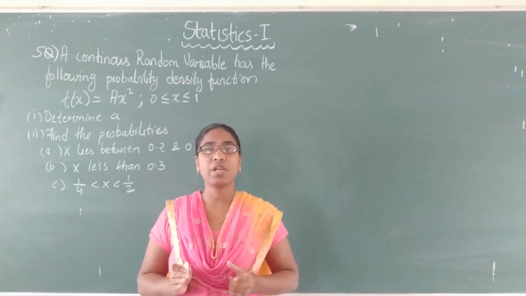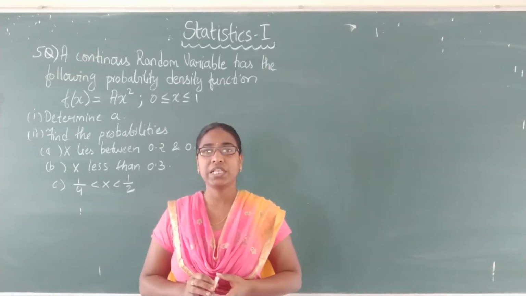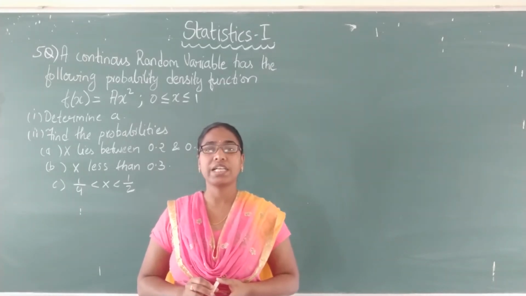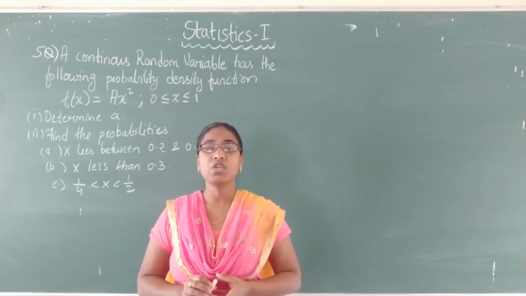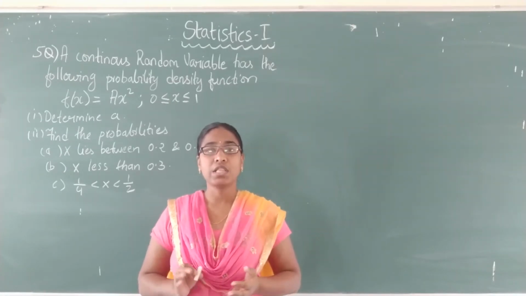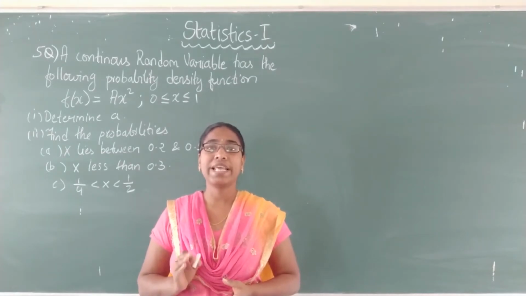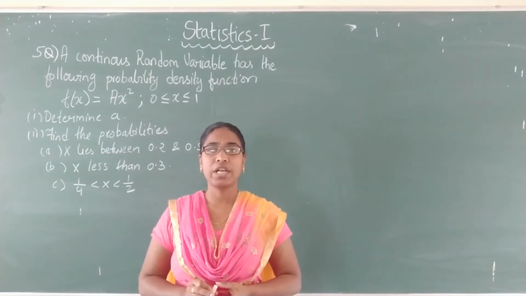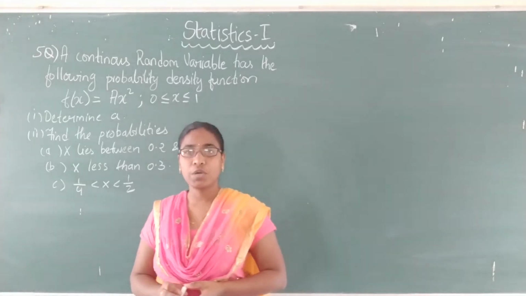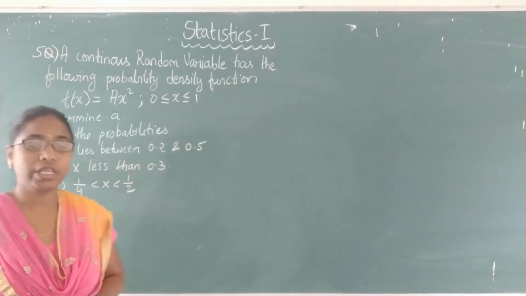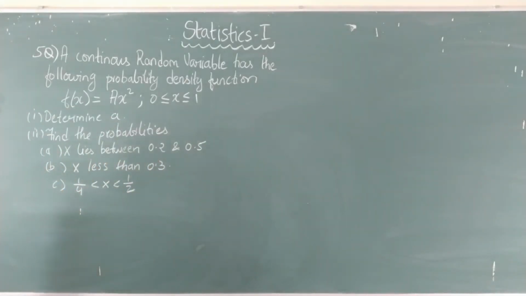For a continuous random variable, the probability function is known as probability density function. We can call it PDF. Now today we will start the problems based on the probability density function.